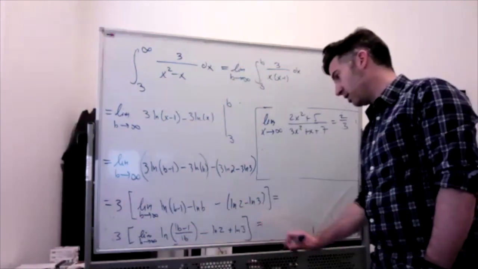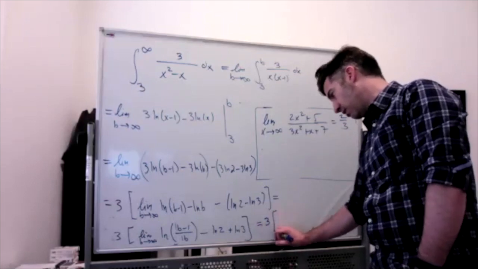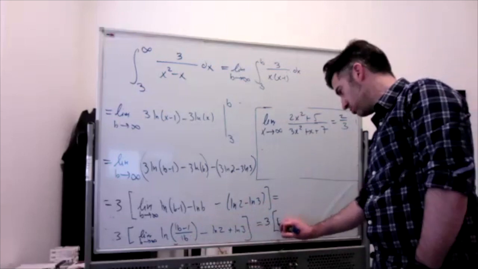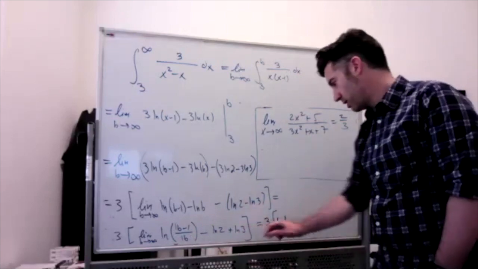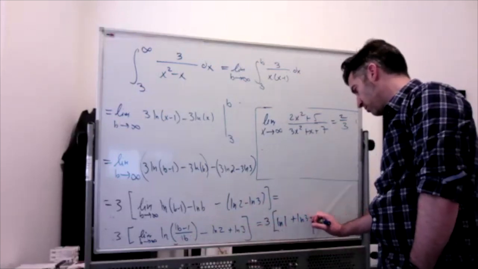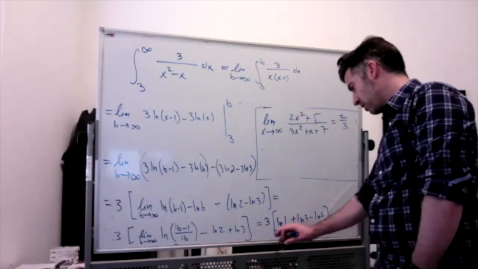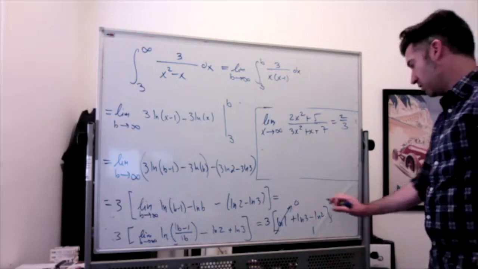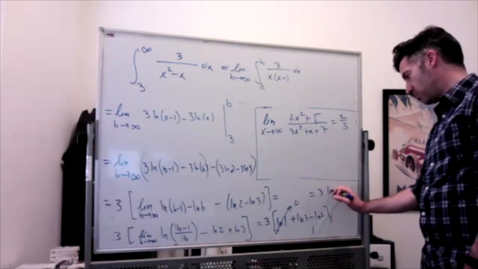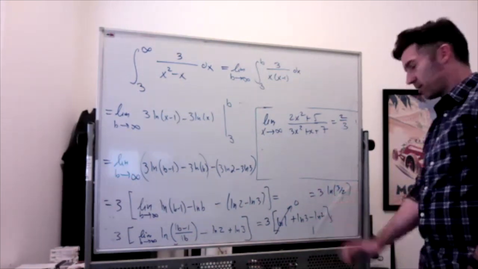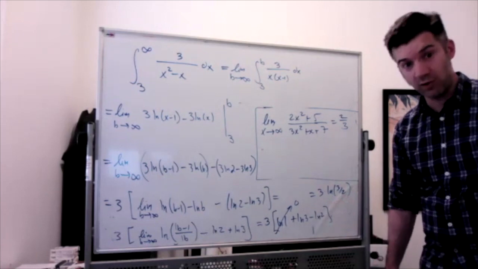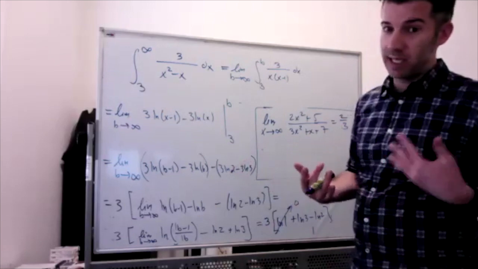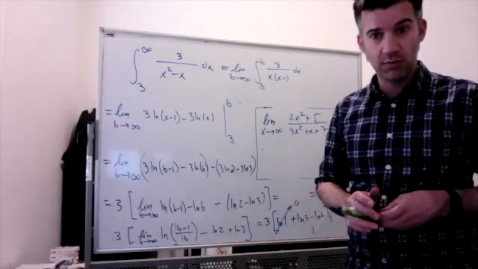So this ends up being 3 times the natural log of 1, which is 0, plus the natural log of 3 minus the natural log of 2. You could combine these as the natural log of 3/2. So this would equal 3 times the natural log of 3/2. More importantly, this would be convergent.